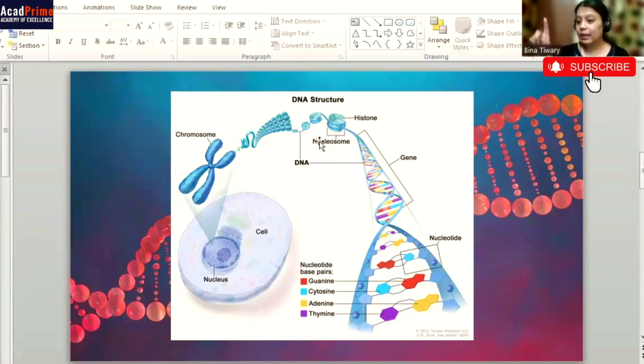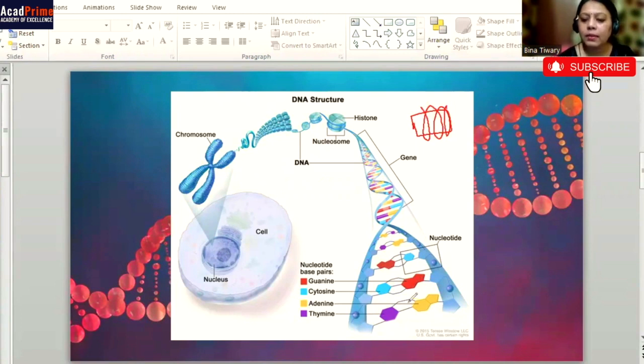DNA, which is acidic in nature, this acidic DNA molecule will twist and turn, that means it will coil itself on these nucleosomes. So these nucleosomes make an octamer structure like this, on which the DNA molecule makes a coiled structure.